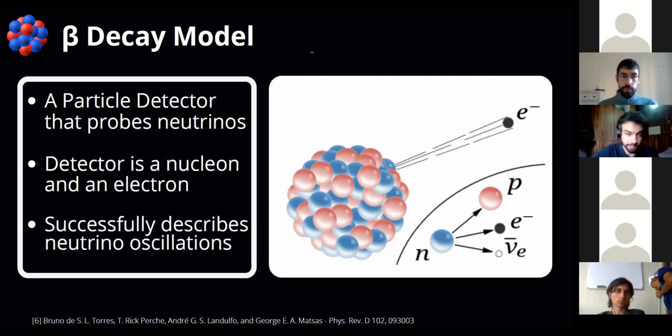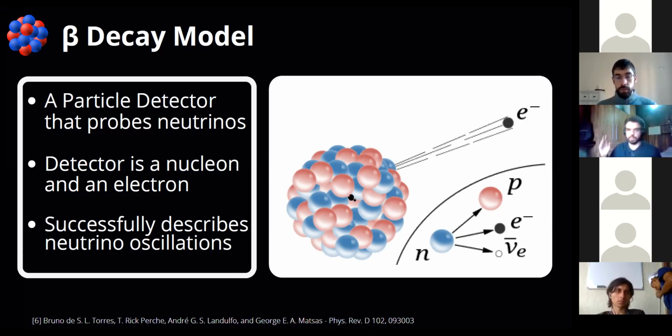For us here, the detector will be a nucleon, so a neutron-proton system, and the electron involved in this beta decay process. For those of you who don't know, the beta decay process is the event when a neutron decays into a proton, electron, and neutrino.